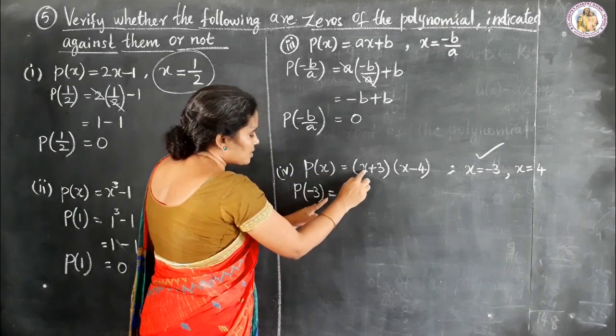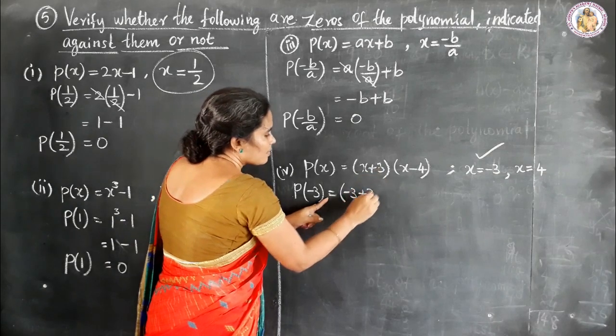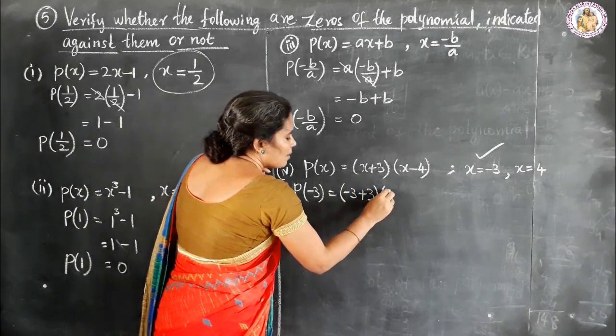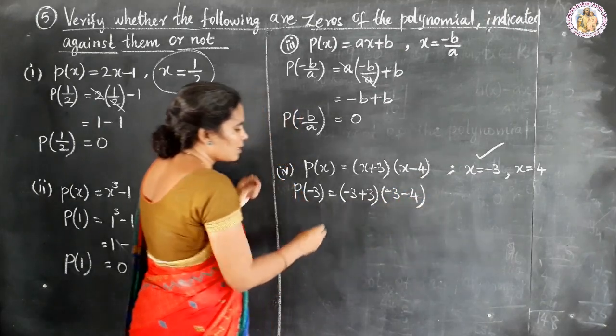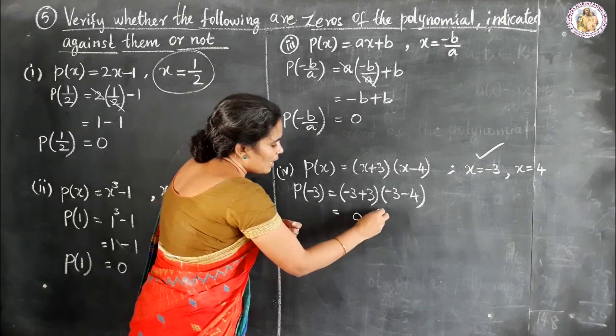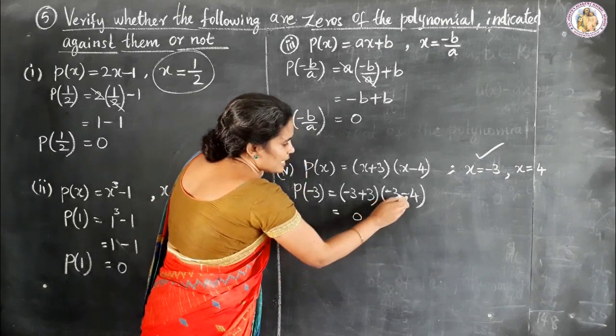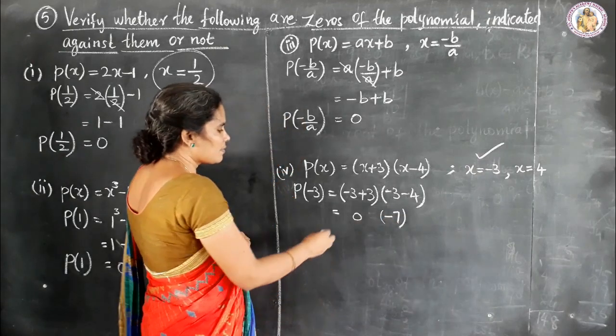So write minus 3 plus 3 and here minus 3 minus 4. Now you can see plus 3 minus 3 is 0 and here same sign, so minus 7.